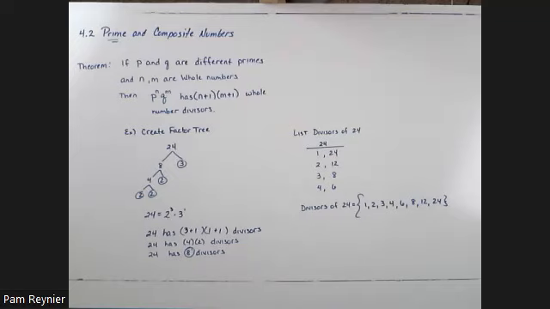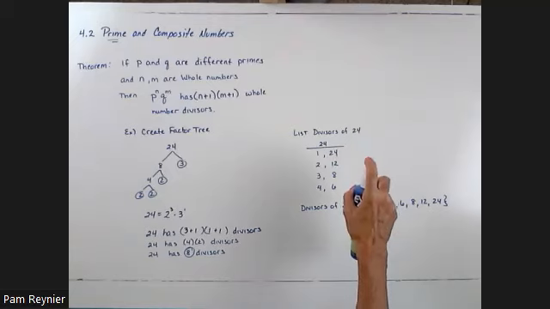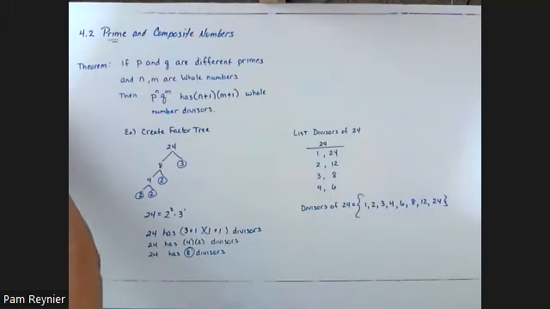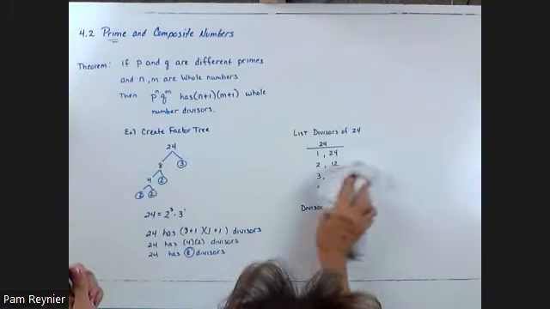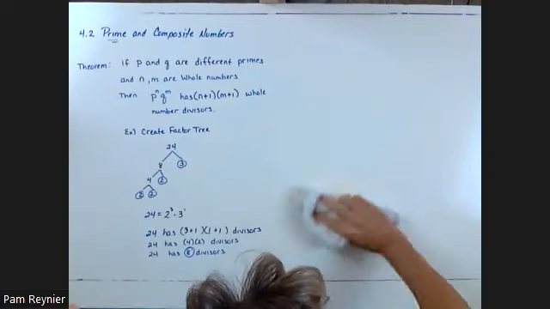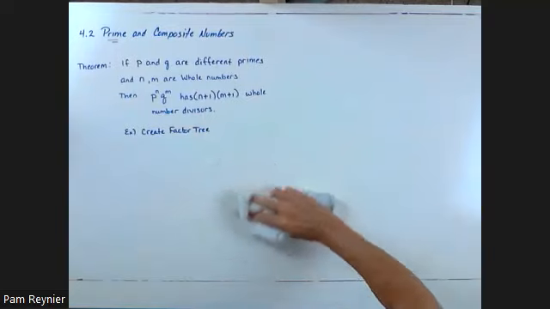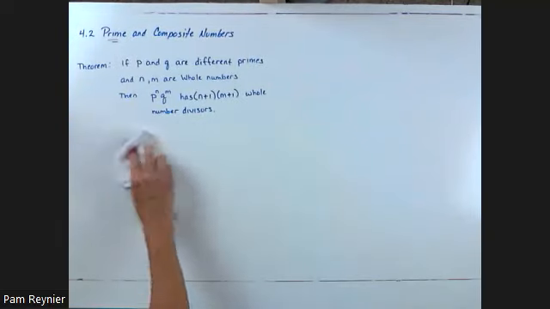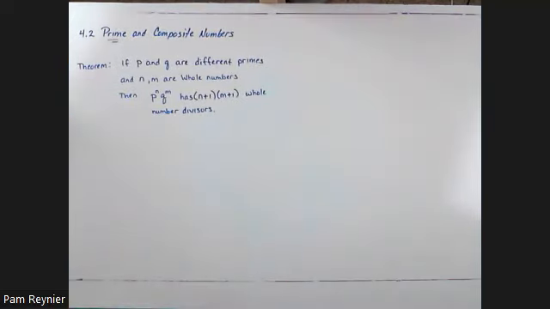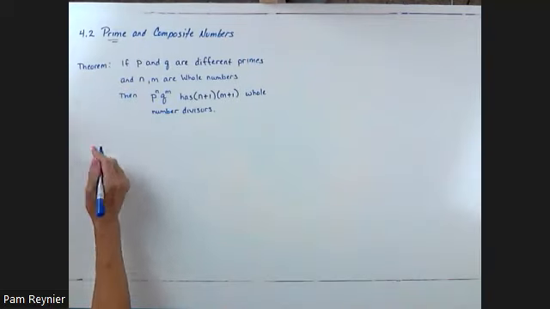Okay. So we're going to do it again. I'll just use this side over here. Let's see. How many divisors does the number 300 have?